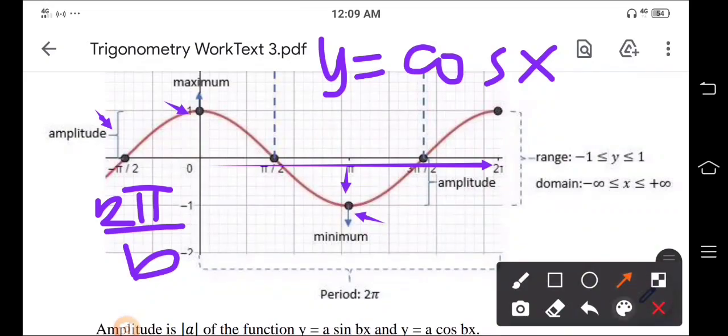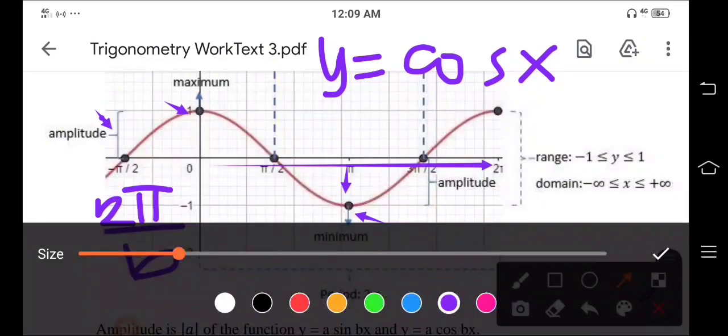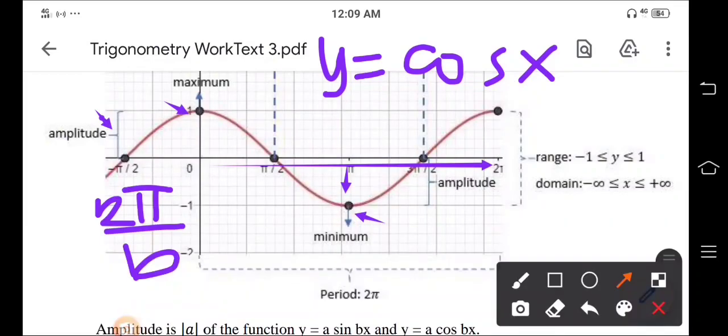Then 90, or pi over 2, plus 90 is pi, that is 180 degrees. Plus 90 is 270 degrees or 3 pi over 2. Then one complete cycle is 360 degrees or 2 pi.